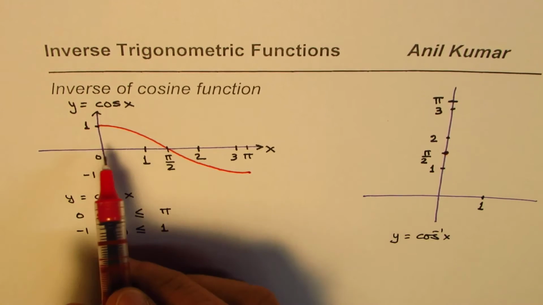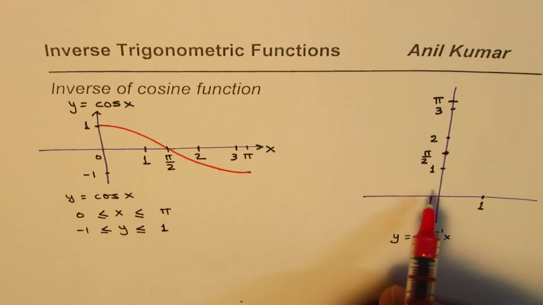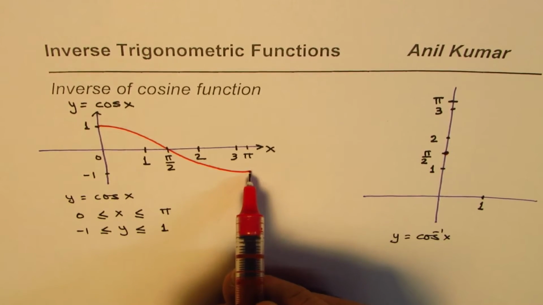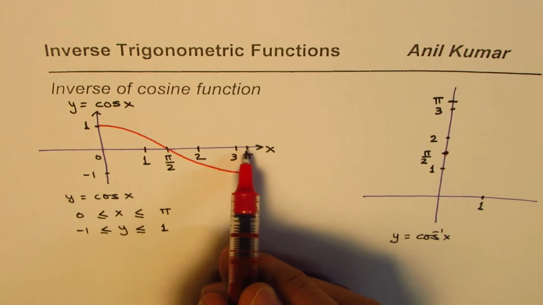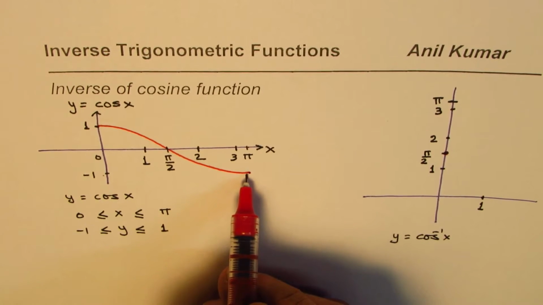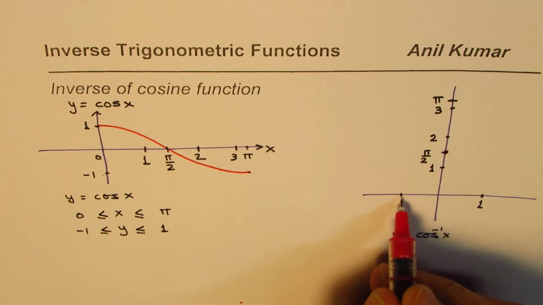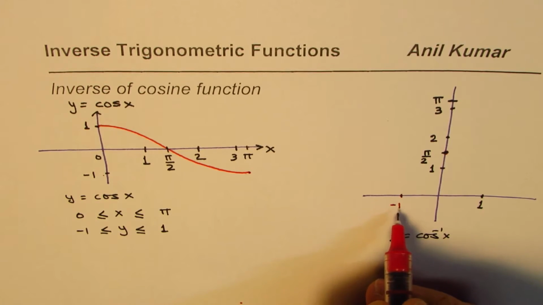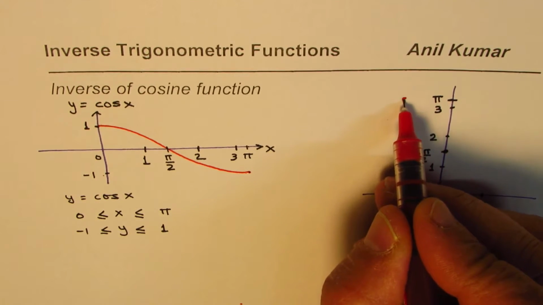So the x value is pi by 2, 0, it will go to 0, pi by 2, and here the x value is pi and y is minus 1, so it will be minus 1, so let's say this is minus 1, minus 1, pi, so that will be this point for us.